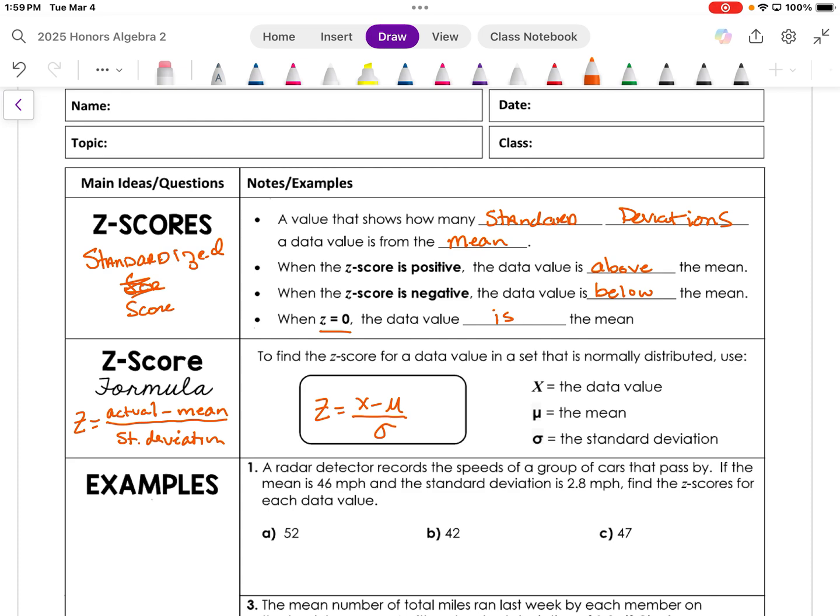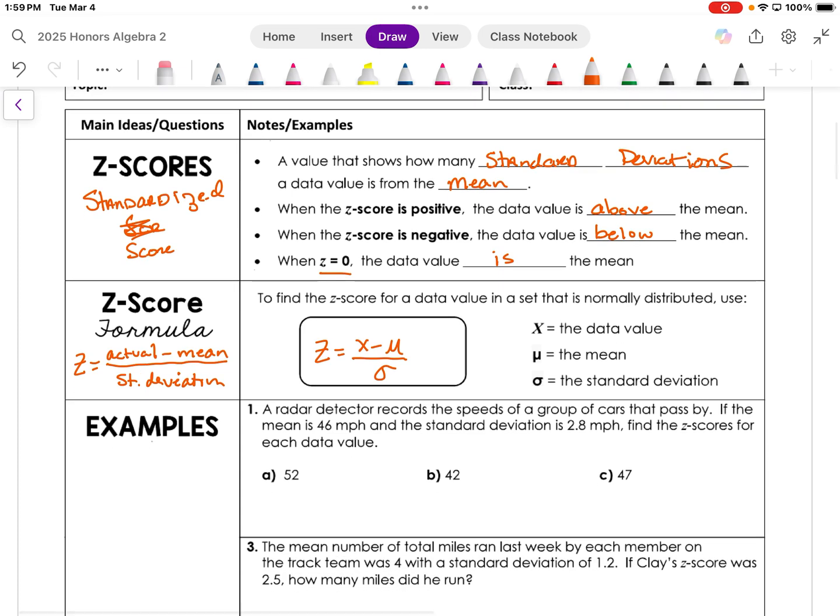So here we have an example. A radar detector records the speed of a group of cars that pass by. If the mean is 46 and the standard deviation is 2.8, find the z-score associated with each value. So we would go through and say, all right, this is my x, the 52 is my x. So my z-score is 52 minus the mean of 46 divided by the standard deviation, which is 2.8.